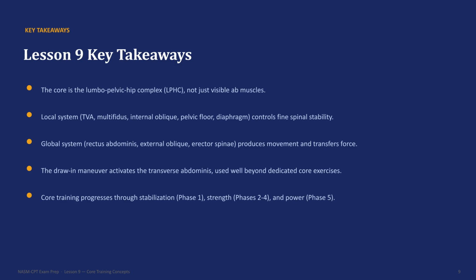The draw-in maneuver activates the transverse abdominis, and it's used well beyond dedicated core exercises. And core training progresses through 3 tiers: stabilization in phase 1, strength in phases 2 through 4, and power in phase 5. Keep that continuum pattern in mind. You'll see it repeat in each of the next 2 lessons.